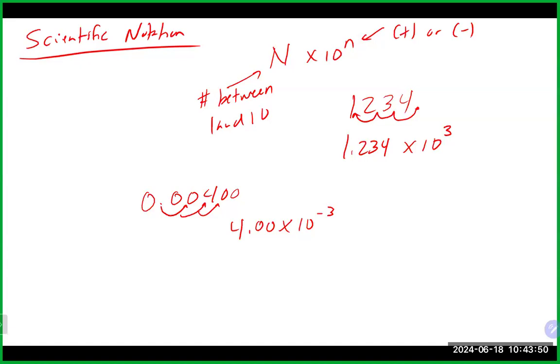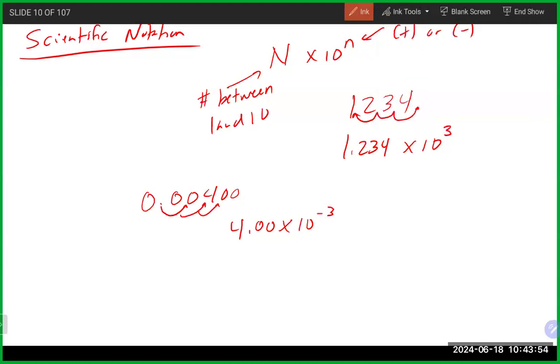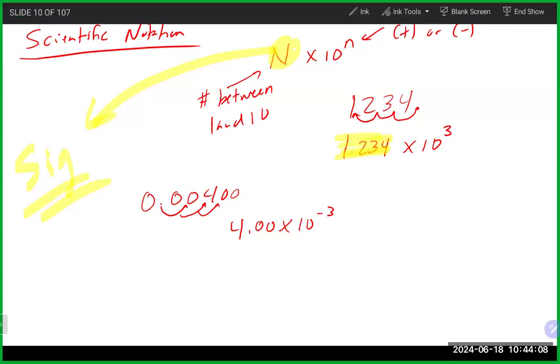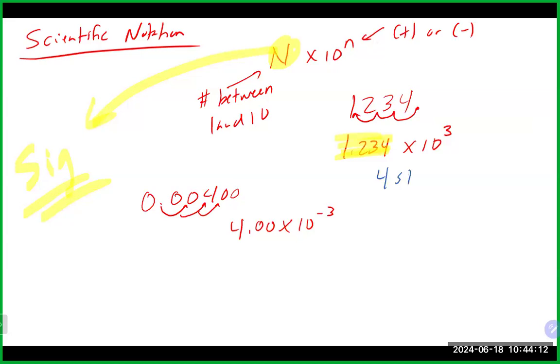Whenever you write a number in scientific notation, all the numbers that come before the times 10 part, all these numbers here, are always significant. So when I write this number in scientific notation, it will have 4 significant figures, which matches, by the way, the 4 significant figures the number originally had.